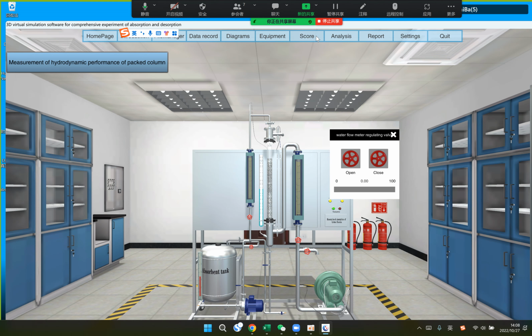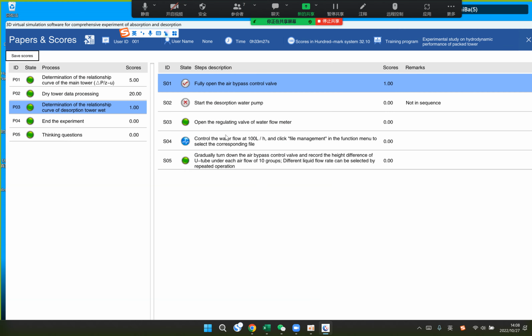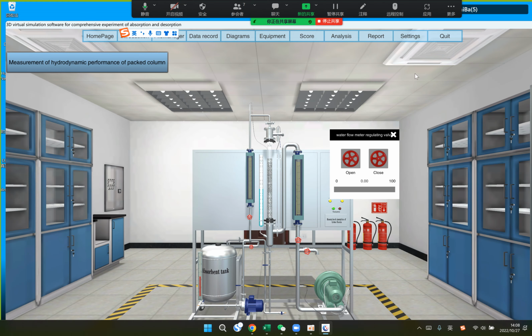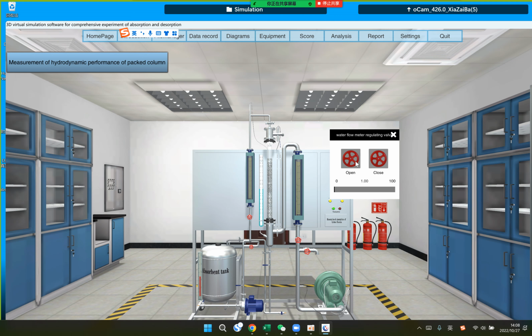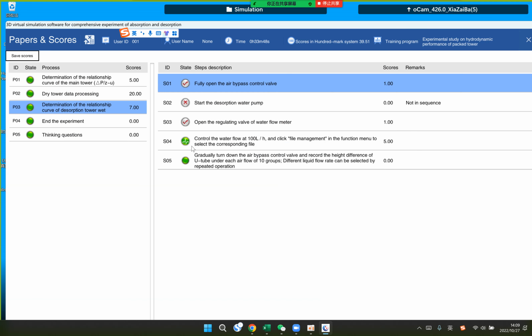Here we first control it at 100 liter per hour. Okay, and then we read it here. I think it's 25. Yeah. Okay, 100. Almost 100.